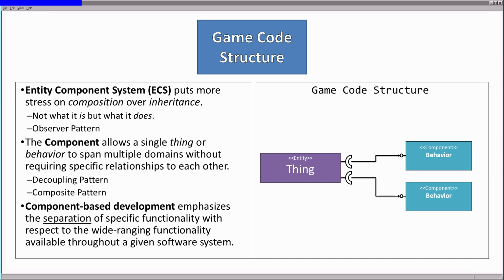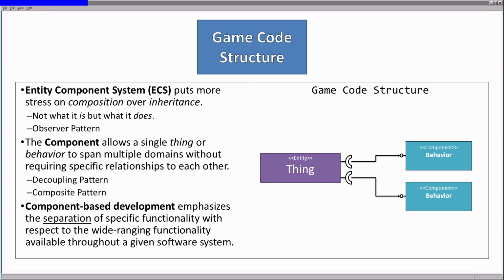The Entity Component System, ECS, puts more stress on composition over inheritance. It focuses on not what it is, but what it does. We also keep in mind that composition was another version of association or the has-a relationship. This relates heavily to the concepts of the observer pattern or mediator pattern.